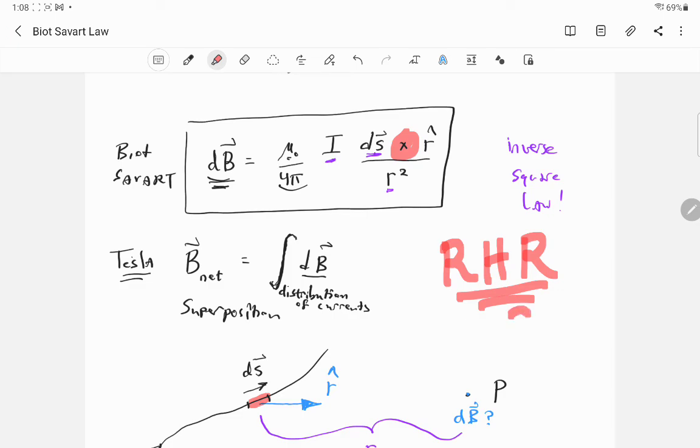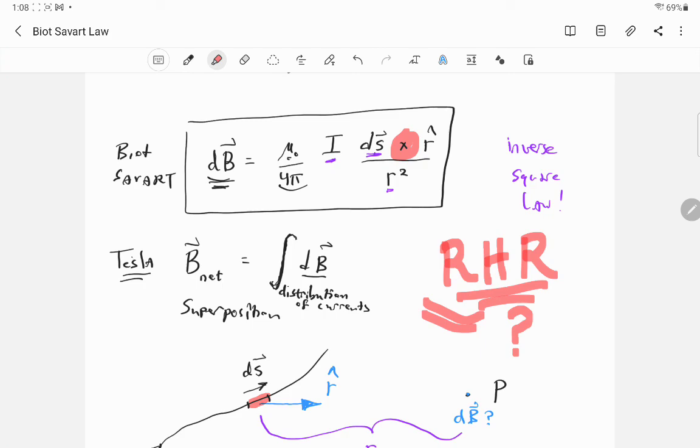At this point, if you don't know, without a shadow of a doubt, how to use the right-hand rule, which is a very, very simple thing that's hard to learn when you are learning it for the first time, but becomes easier and easier, and you become faster and faster at quickly using the right-hand rule with just your brain. If you don't know how to use it, and you're not comfortable with it yet, you should learn how to do this before trying to learn anything else about the Biot Savart Law, because if you don't, then you cannot understand the Biot Savart Law.